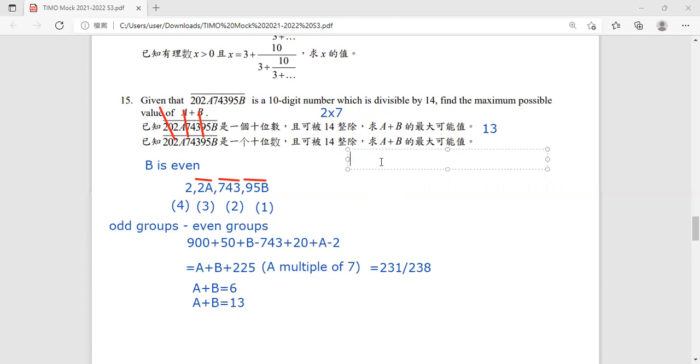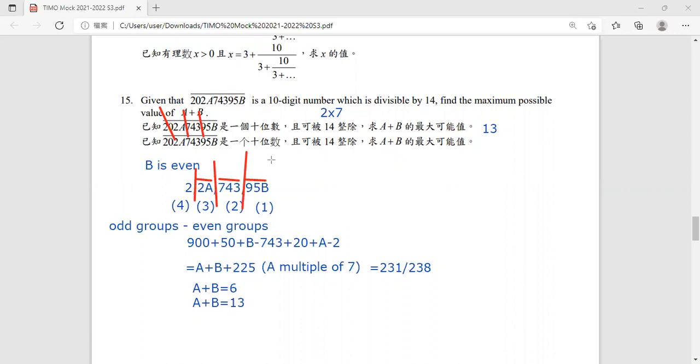Now, if you don't know how to do the method, I will do something like this. For checking if a number is divisible by 7 or not, you chunk the number from the right-hand side, 3 digits each. So there will be 95B as one chunk, 743 as one chunk, and 02A as one chunk. But the 0 is discarded, so it's 2A.